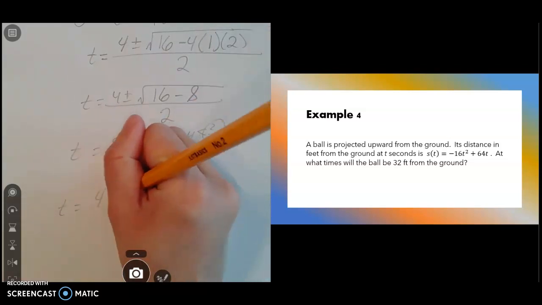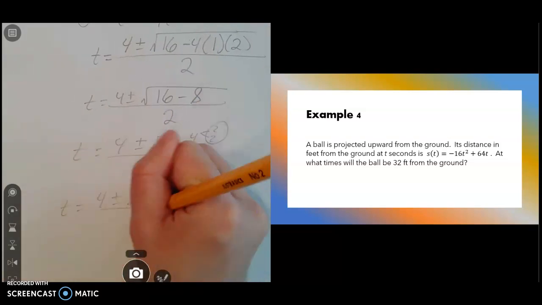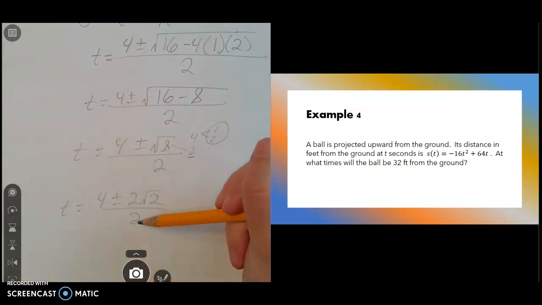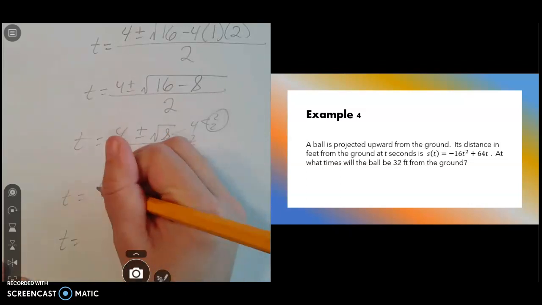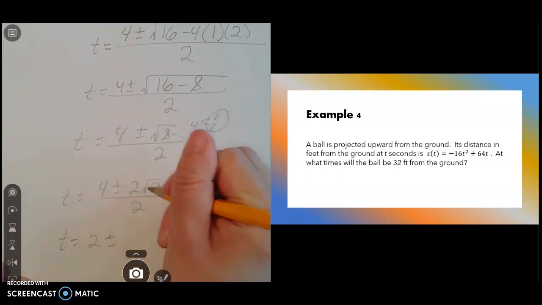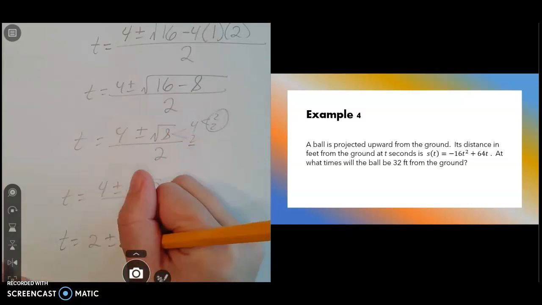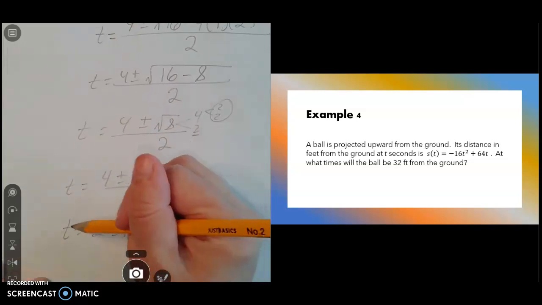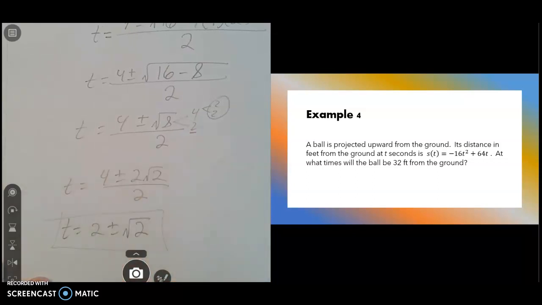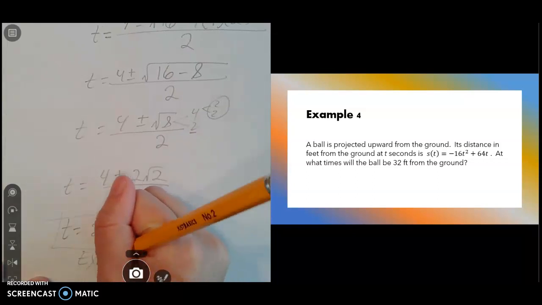So we've got 4 plus or minus 2 radical 2 all over 2. And everything actually divides nicely by 2, so why not? 4 divided by 2 is 2, and 2 divided by 2 would be 1. So it would be 1 square root of 2. So 2 plus or minus the square root of 2, those would be your 2 times in the exact form.